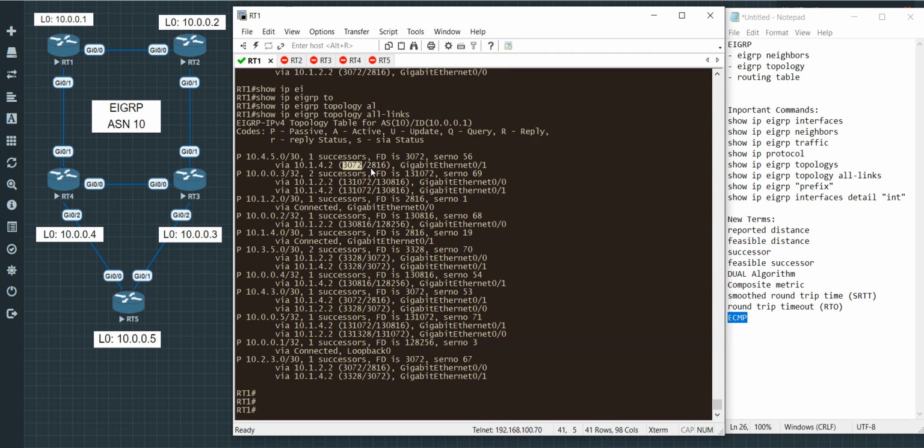So these two values here are two different metrics from two different perspectives. In order to get to this particular destination, router 1 says that my metric to get to that destination is 3072. But from this particular router's perspective, gigabit 0/1, which would be router 4, is 2816. That's the reported distance. So EIGRP keeps track of both of these metrics.